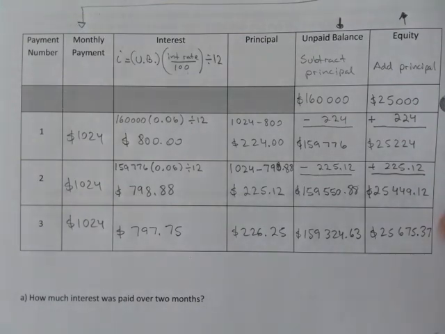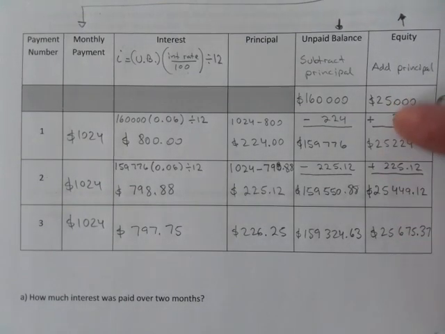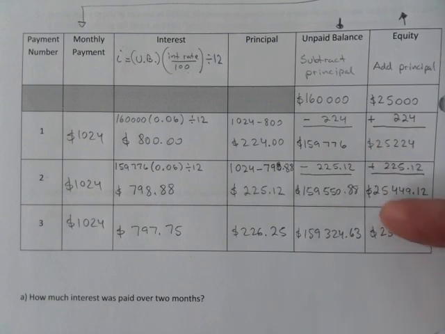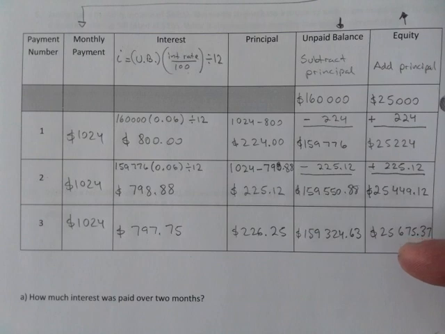So after 5 years, you might have 70, 80 grand worth of equity. And the bank is going to say, hey, you've got a lot of equity.